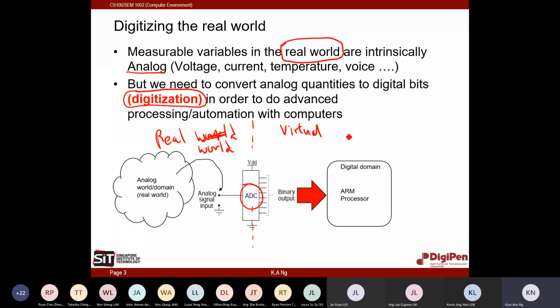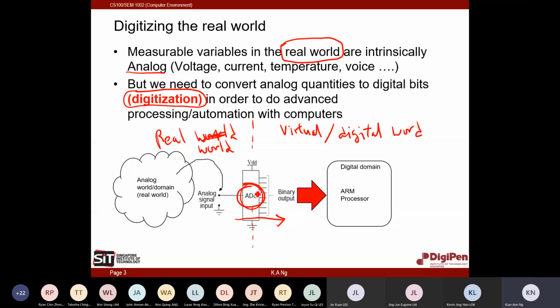Okay, some people call it virtual. People call it digital, right? So the window to the real world and the digital world is the A to D converter for getting real world quantities into the virtual world.